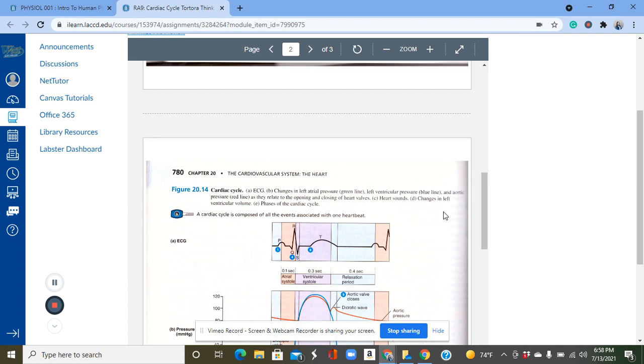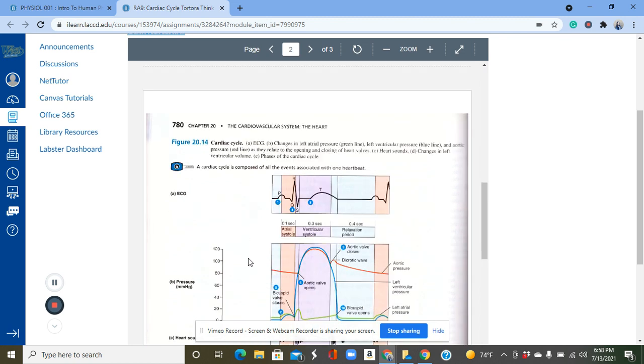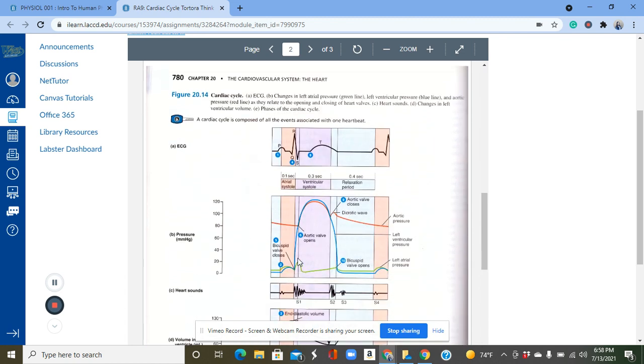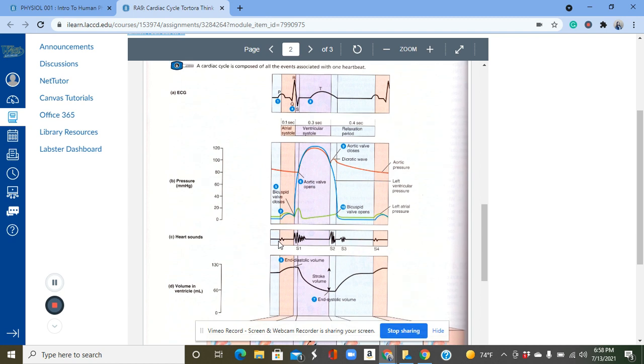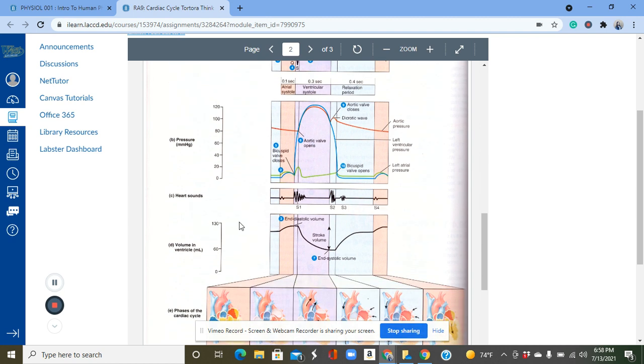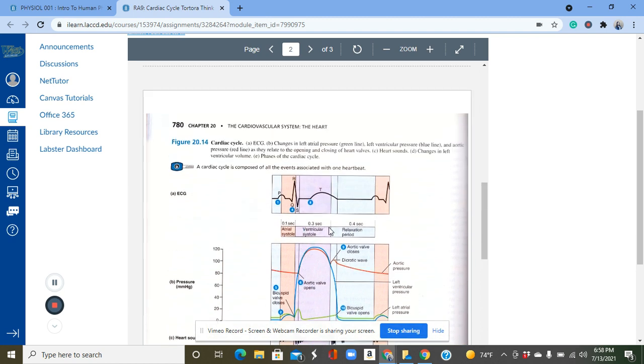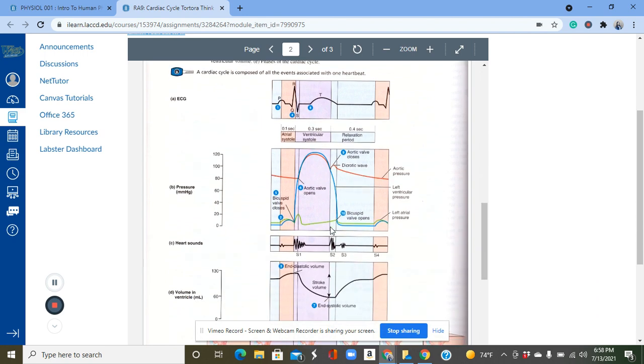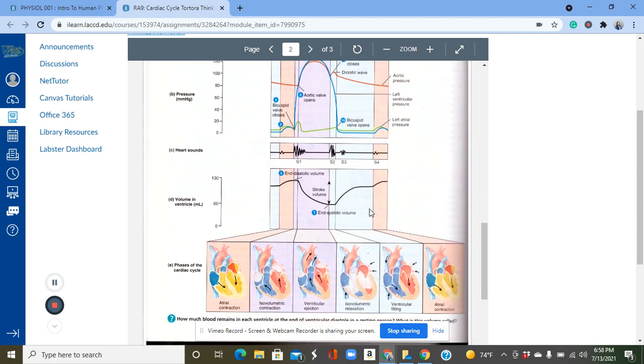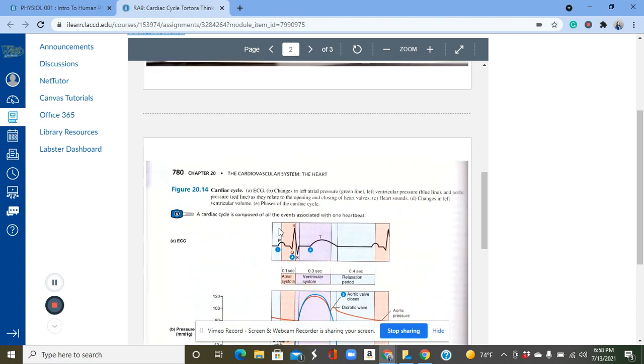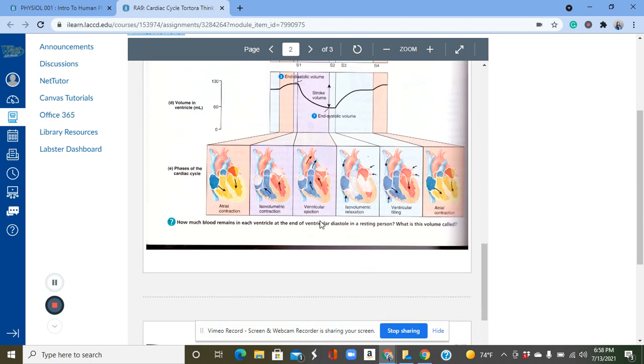B, changes in the left atrial pressure, green line, left ventricular pressure, blue line, and aortic pressure, red line, as they relate to the opening and closing of heart valves. C, heart sounds, so you can see here the wavelengths. D, changes in left ventricle volume, and E, phases of the cardiac cycle.